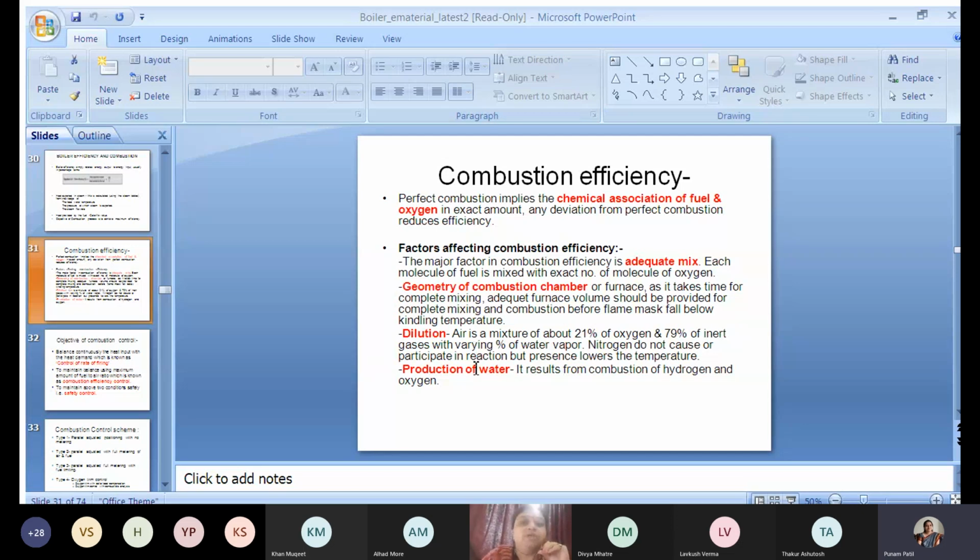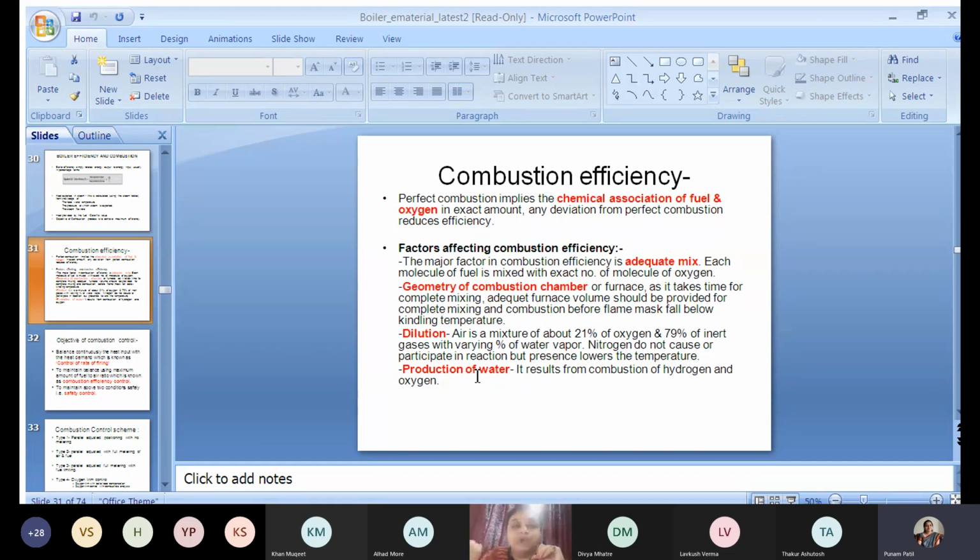Why? Because as I said, if you consider one molecule of air, in that also only 21% of that molecule structure is utilized because oxygen is there and the other is not utilized in the combustion, and the presence of nitrogen reduces the temperature.